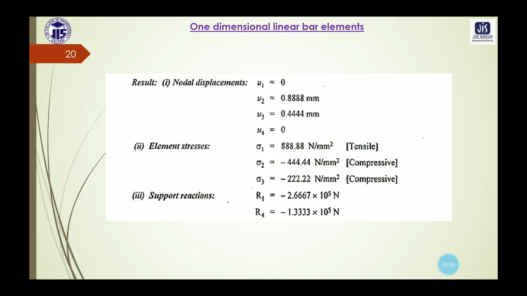The nodal displacements U1, U2, U3 and U4, these four different things we have found. For the three different elements, we have identified the stresses and the nature of the stresses. And finally, we have calculated the support reactions.